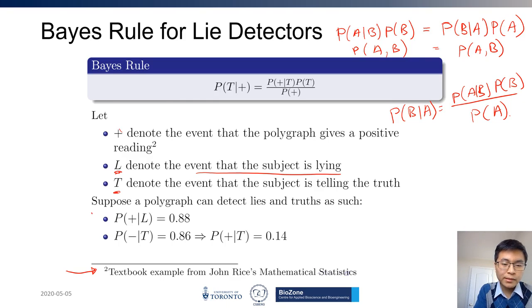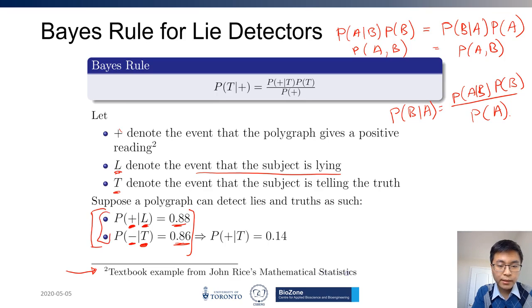And we are given these probability values where, suppose the subject is lying, then we assume that the polygraph will give a positive reading 88% of the time. And in the other case, if the subject is telling the truth, the polygraph will correctly give a negative reading 86% of the time.